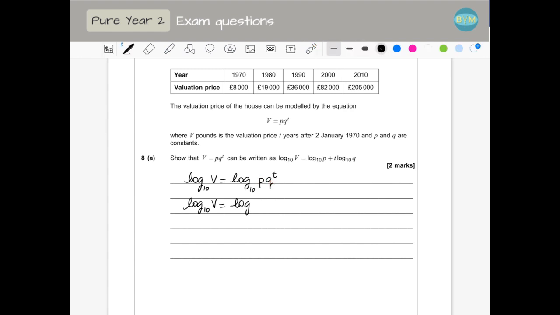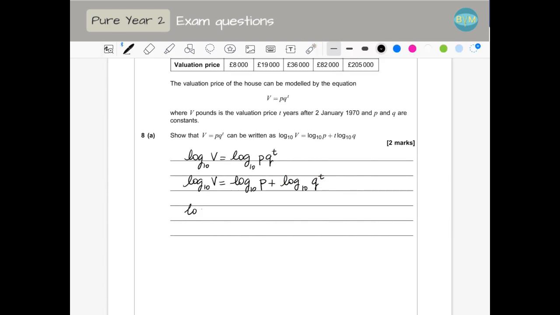So I'm going to write log to the base 10 of P plus log to the base 10 of Q to the power of T. And when I have an exponent, remember it can go to the front of the log. So there we have our expression: log to the base 10 of V equals log to the base 10 of P plus T log to the base 10 of Q. That's what we have to prove, and that's the first part.